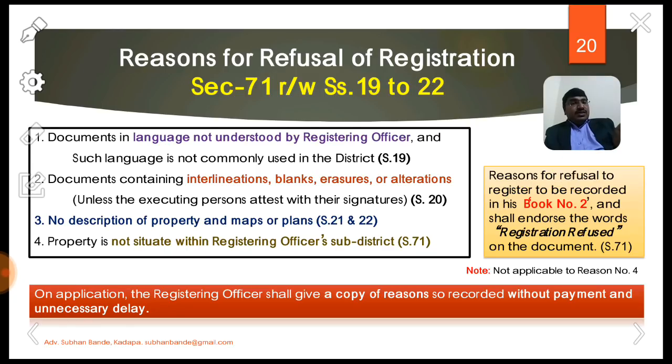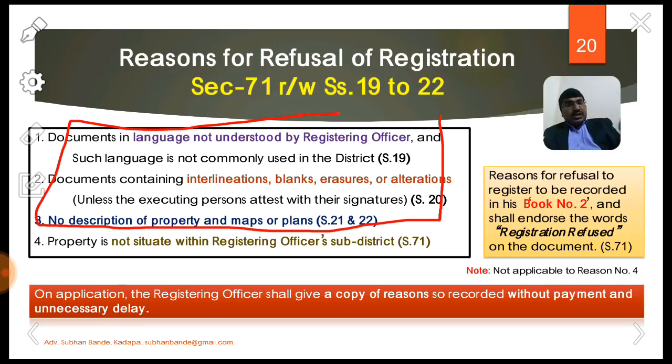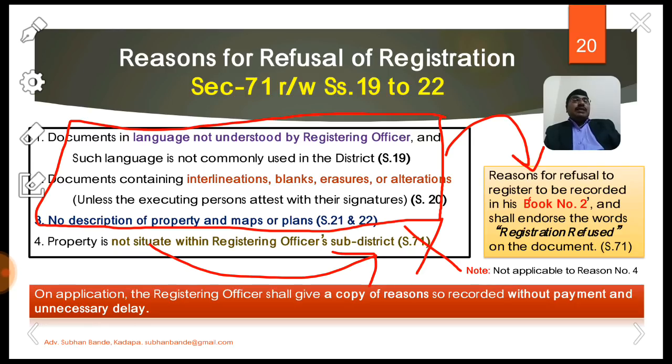If he refuses the registration on reason number 4, recording of the reasons for refusal in book number 2 is not necessary.